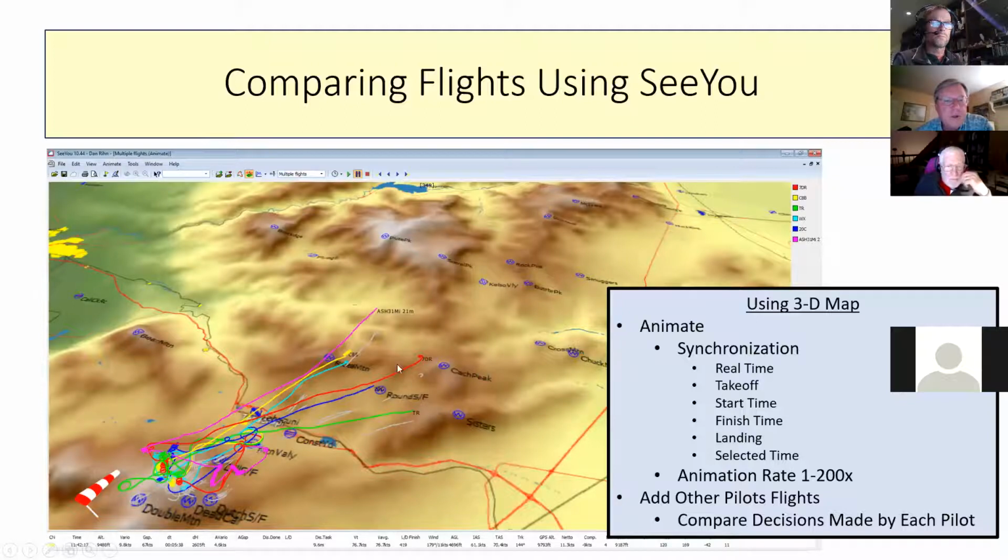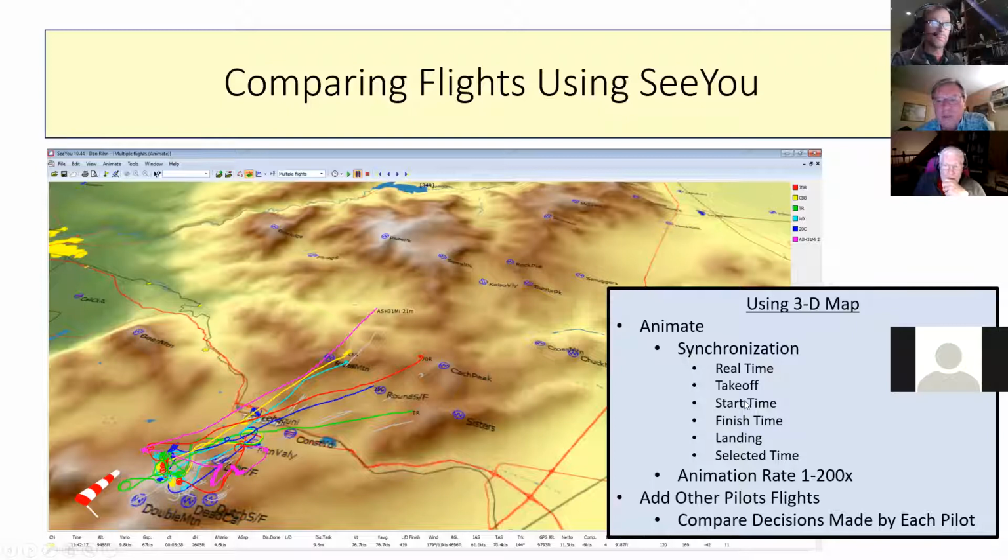So I'll show you how to animate this. This is what it's going to look like when we're all going off on the first part of our leg. You can use CU to do this animation, and you can synchronize it in several different ways. Real time, which is probably the best way to do it when you're comparing just for a day flight, see how you did compared to everybody else.